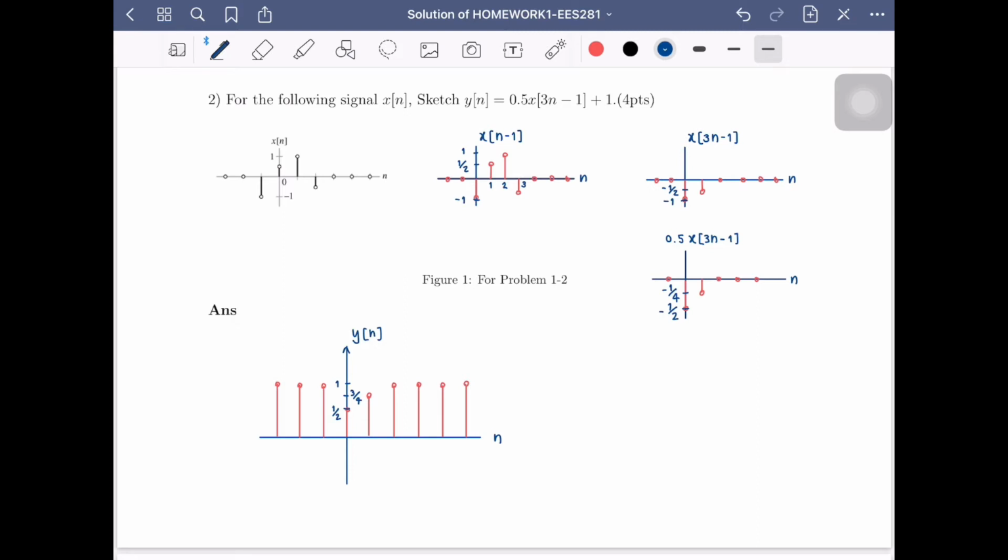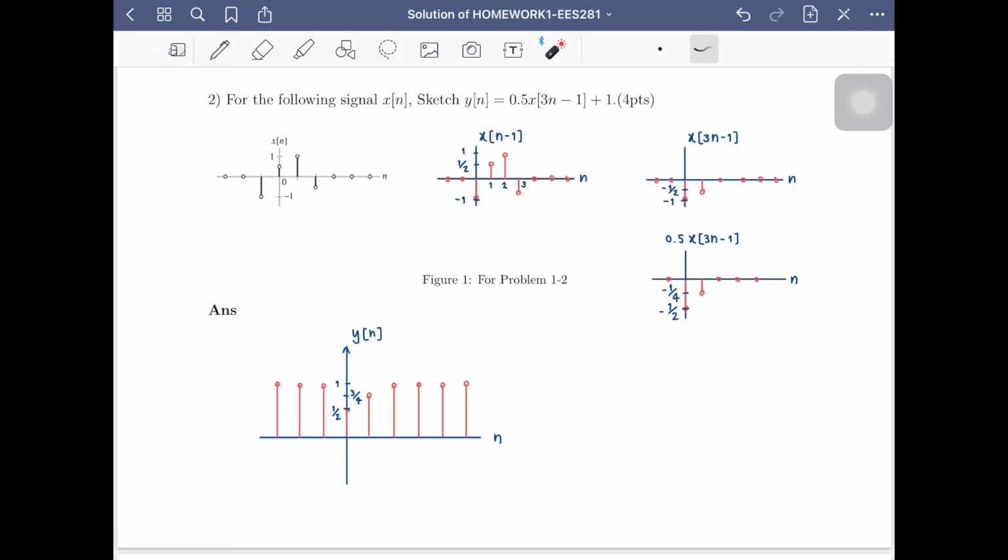So we have to move this x[n] to the right, but the magnitude is the same as x[n].